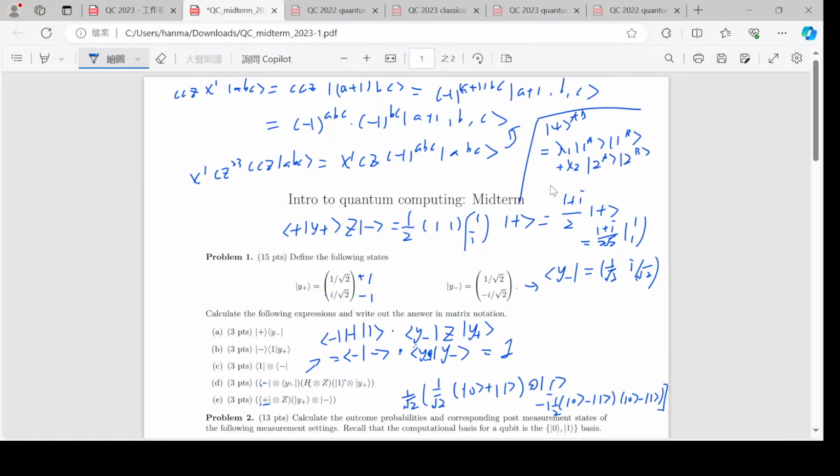Okay. So in the Schmidt decomposition, you must look at this because this 1A, 2A is some orthonormal basis we don't know. And this 1B, 2B is some orthonormal basis we don't know.